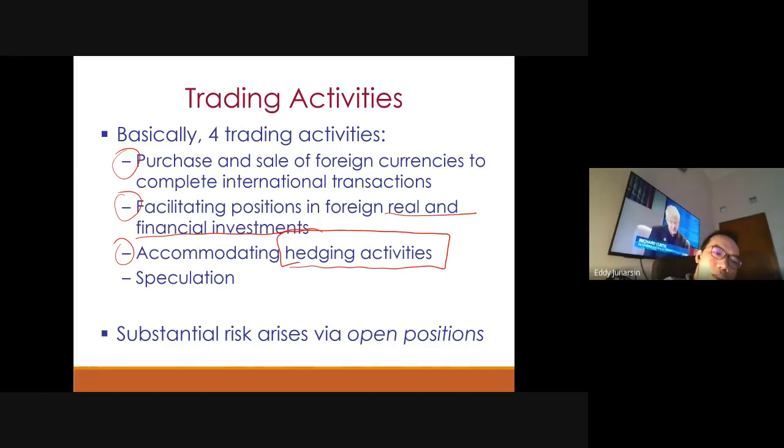And number four, this is an interesting one, speculation. Some people just speculate using the foreign exchange market with the expectation of getting quick and easy money. Well, of course, it's not necessarily easy, right?